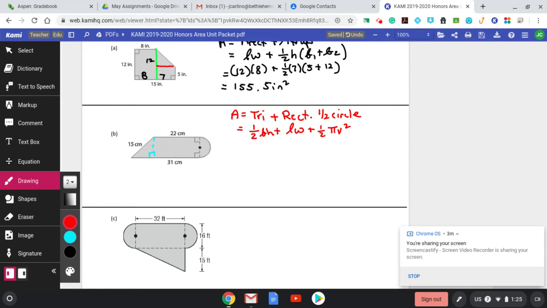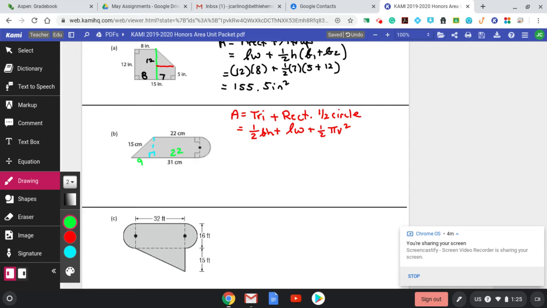So let's take a look here. Can I fill in any other measurements on this composite figure? Well, if that was 22, the opposite side of the rectangle has to be 22. The whole thing was 31, so I'm going to have 9 left over here to make 31. How about that blue height I just drew in?